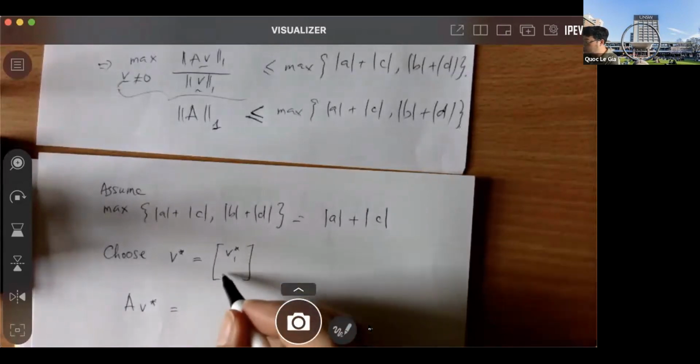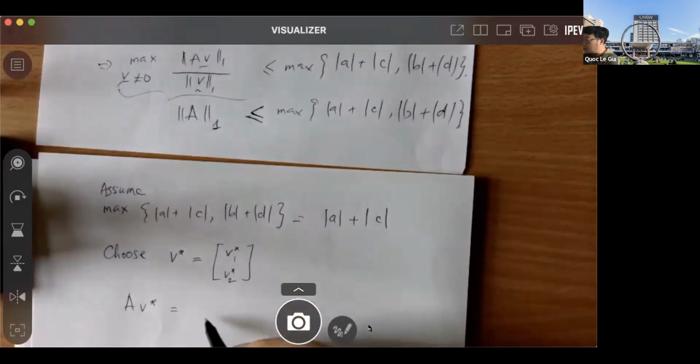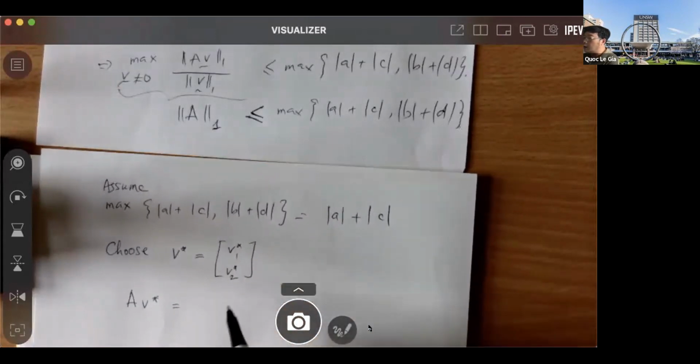Then what I want is A V1 star plus B V2 star, C V1 star, D V2 star, right?